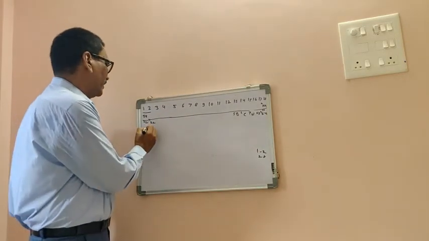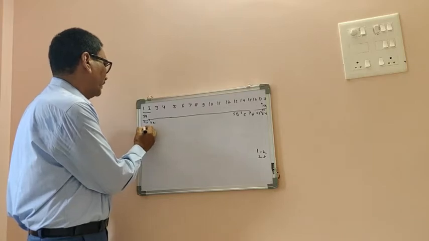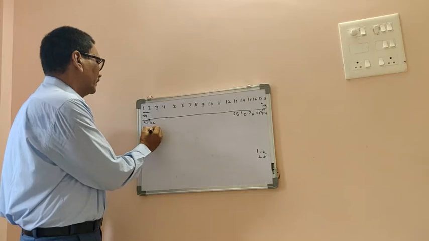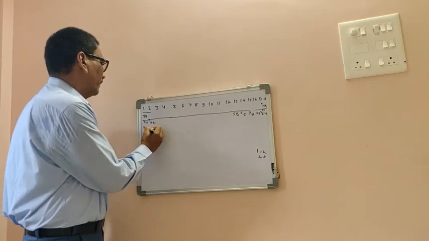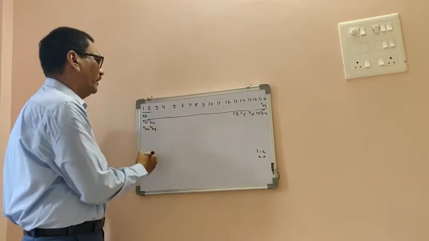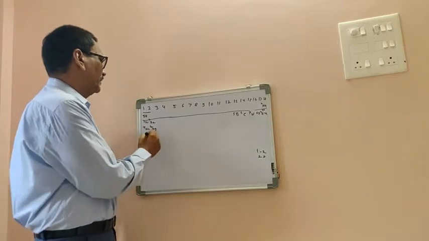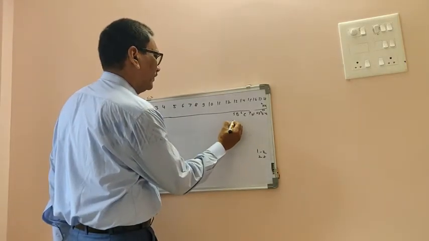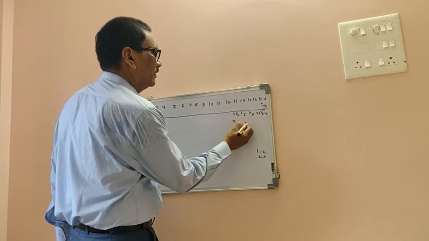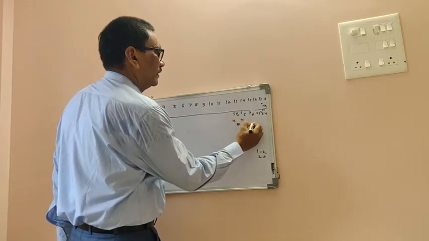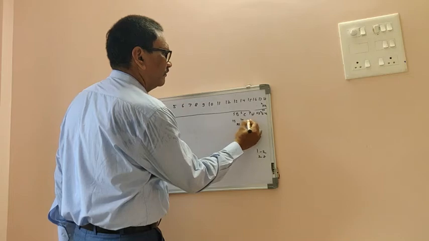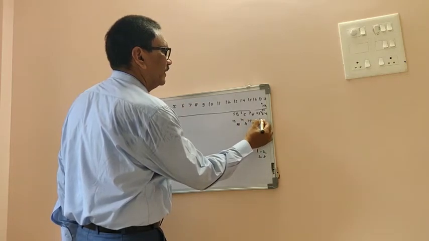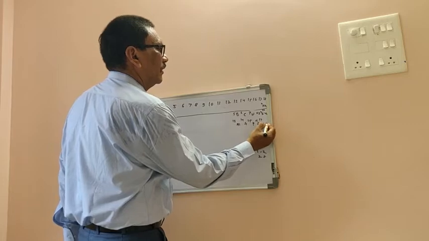Then the third period starts from sodium, atomic number 11. Then we have magnesium, atomic number 12. After that, below boron we have aluminium 13. Then silicon 14, phosphorus 15, sulfur 16, chlorine 17, and then argon 18.